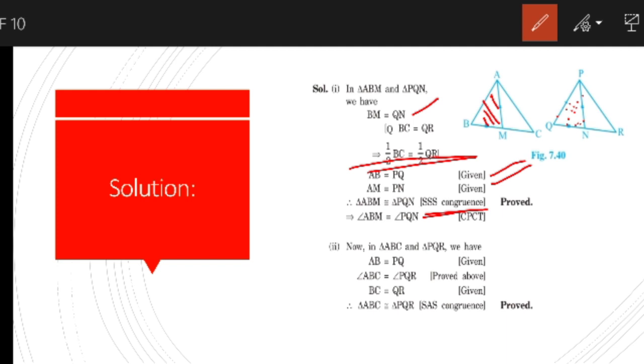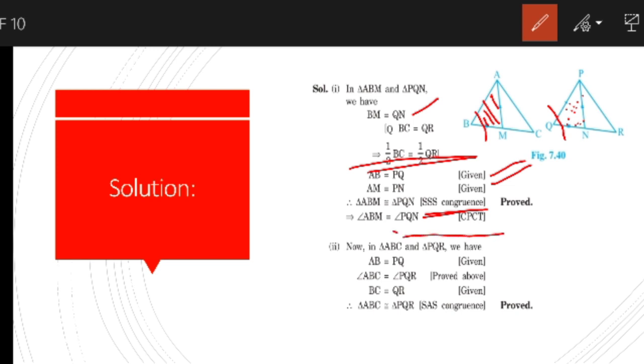Next, to prove the next part, we need this angle. So after proving triangle ABM and triangle PQN are congruent, we will say angle ABM and angle PQN, so angle B and angle Q are equal by CPCT.